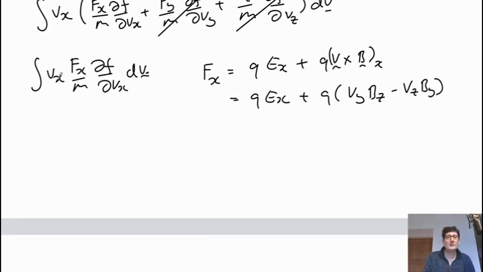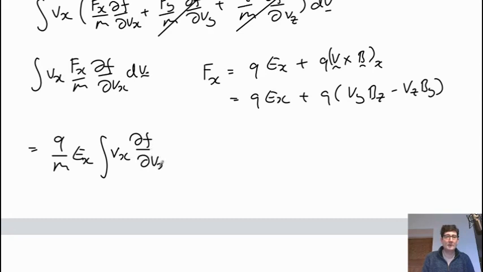And so we have that this integral can be split into two pieces. First, just take the Ex component. Now the electric field just depends on time and space, it doesn't depend on velocity, and so it can be pulled outside. So we get q over m times the electric field in the x direction, which I've pulled outside, multiplied by vx, df by dvx, dv.